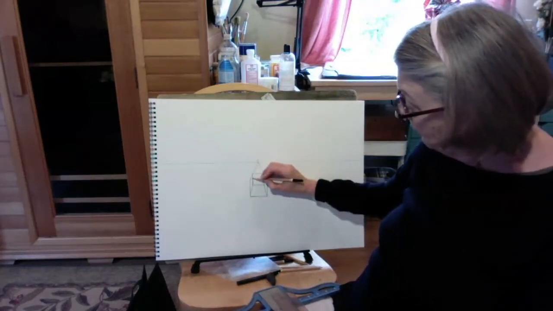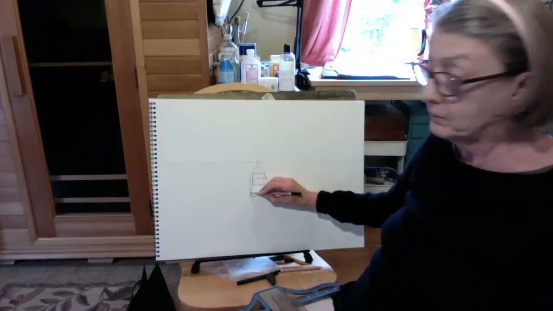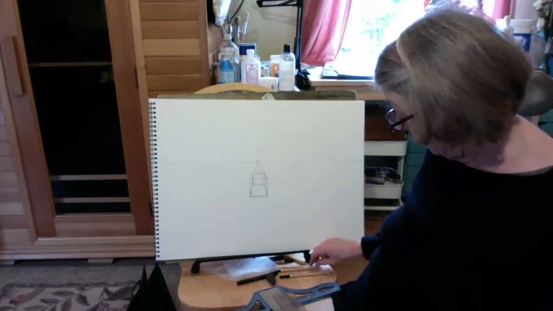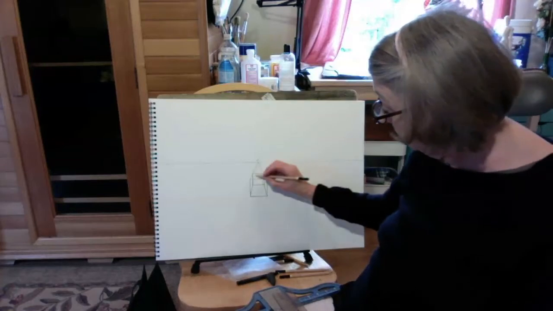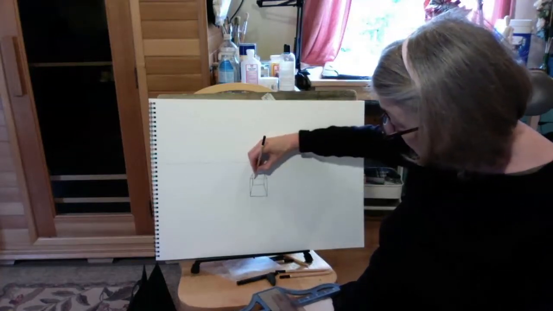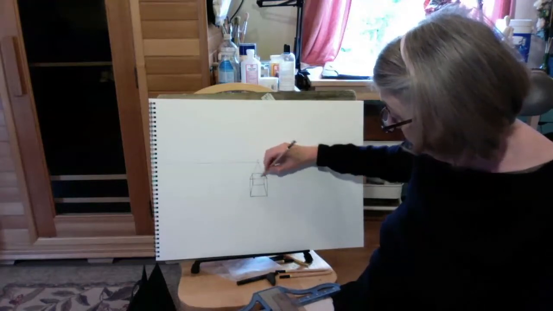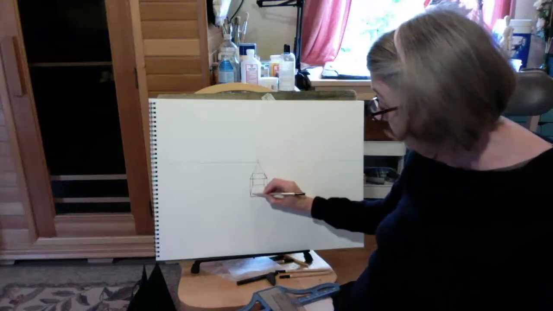Now, another thing we want to think about is what are the angles that are being created by these diagonal lines? So I'm going to just use a darker pencil, and I'm going to go over these angles a bit. See that angle there? And this angle here?